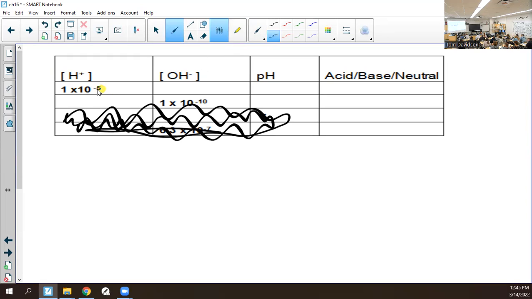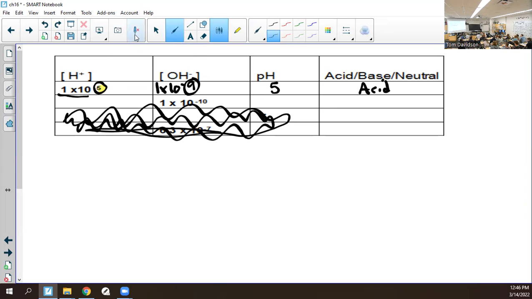So if it's just 1 times 10 to something, the pH is the positive something. Then OH minus is also 1 times 10 to the negative something. Anyone know what it is? Negative 9, because these two exponents have to add to negative 14. Since this pH is less than 7, this has to be an acid.